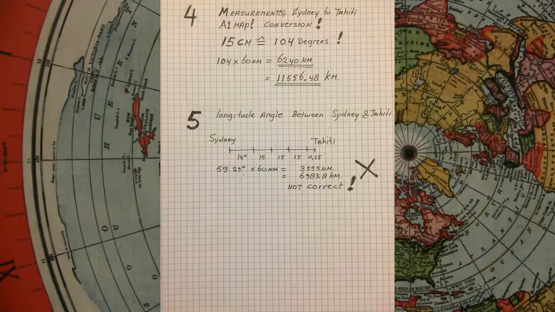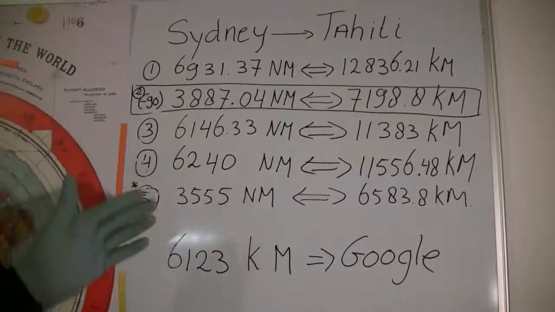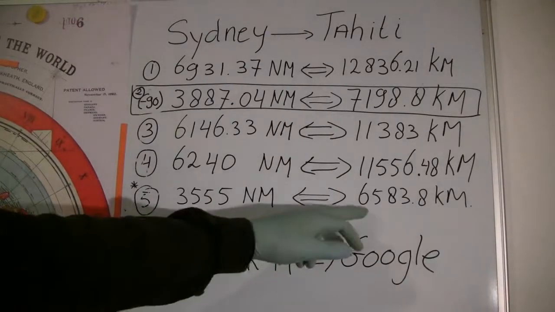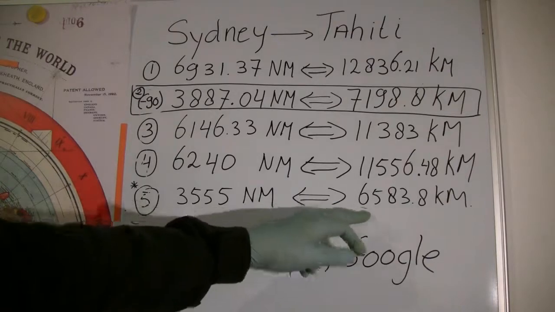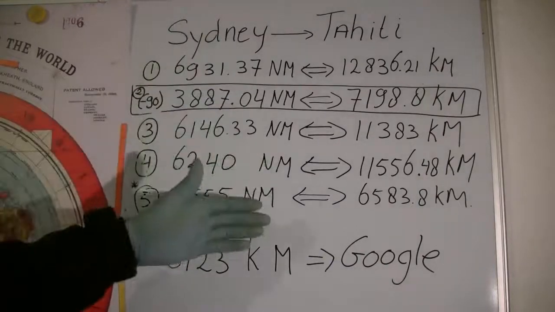Like some of you have noticed, this is not the correct answer. These are the results. None of them makes sense. Not even the last one, which is the closest one. The Google distance is way too short compared to all the measurements.